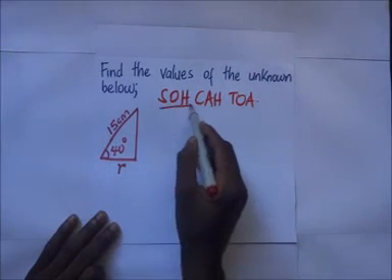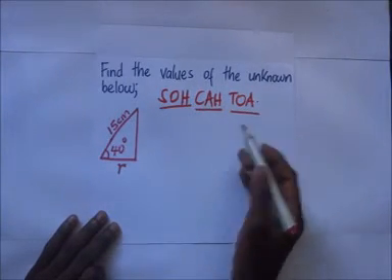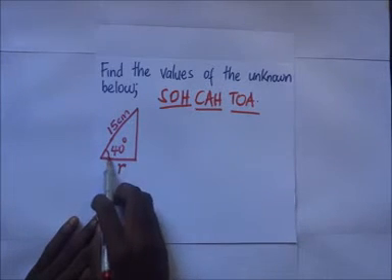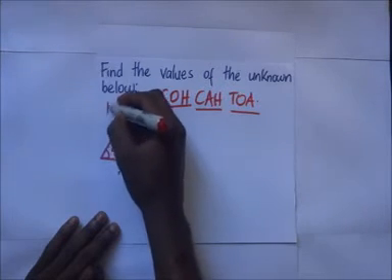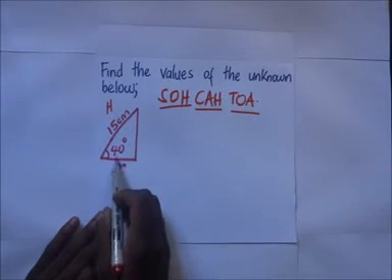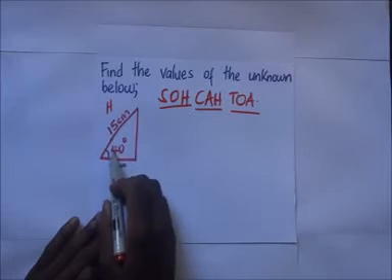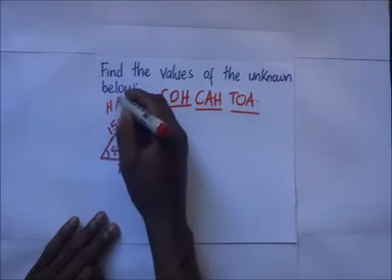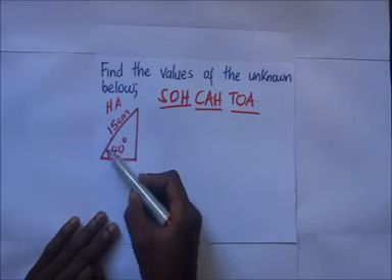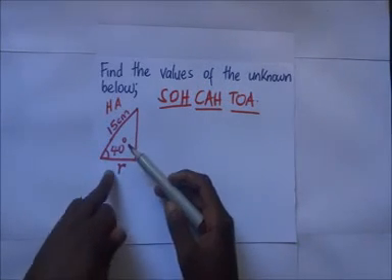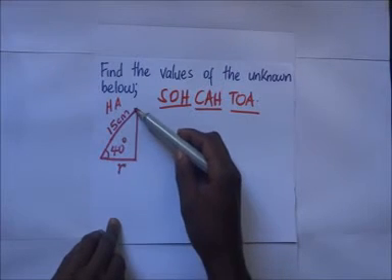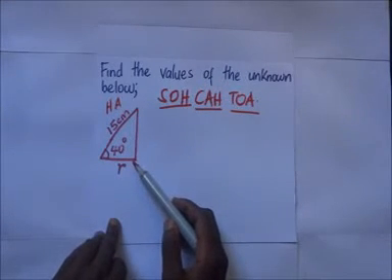So now of these three, which one should we pick? If we look at this, we have an angle here, theta. We have the hypotenuse. We have this r, which is adjacent to angle theta. So it is adjacent. Then we also have the angle theta. So now we have the hypotenuse and the adjacent.